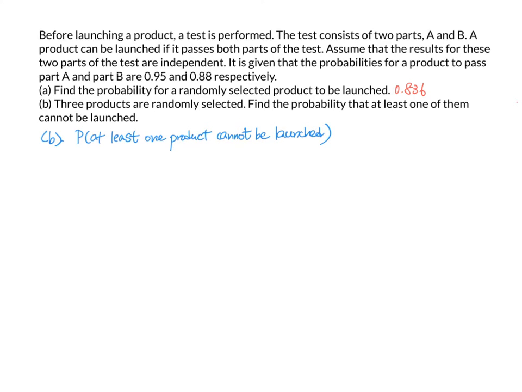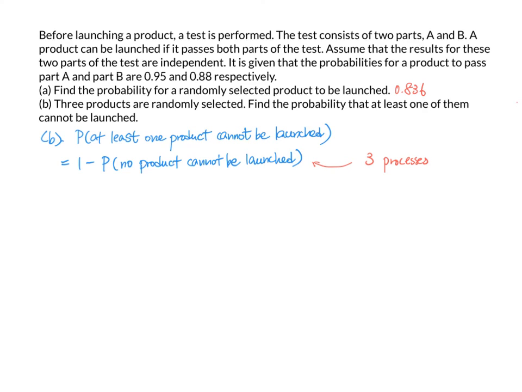So in order to save time, we could use the complementary law, right? So that equals 1 minus the probability that no product can be launched. And for this second part, you could consider it as three different processes, right? And what do we do with processes?